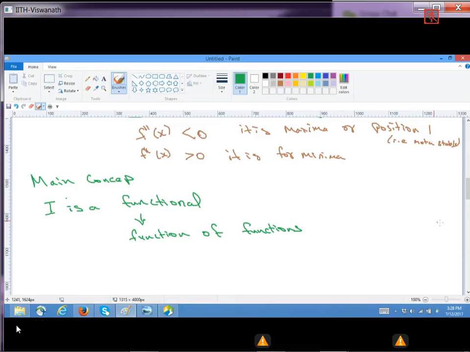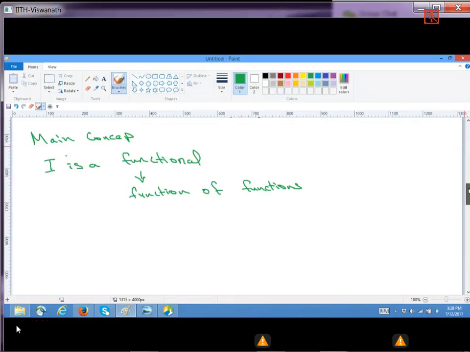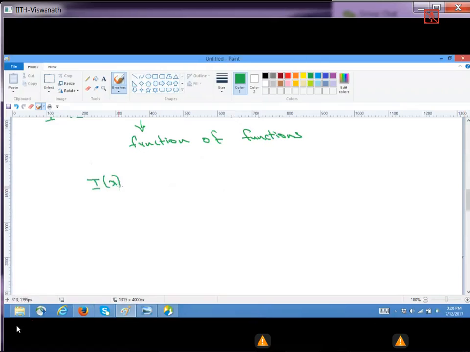That means in this case I will show that we have only one function. I is a function of x, which is defined as half of a x square minus b x. So for the minimization, delta I has to be equal to 0.